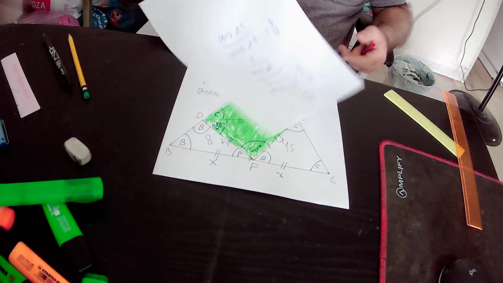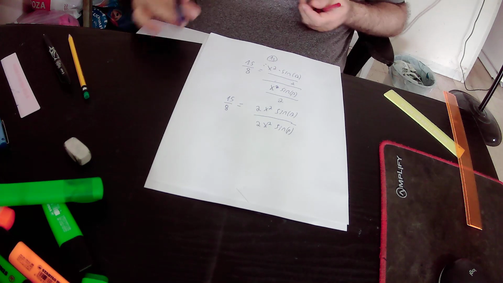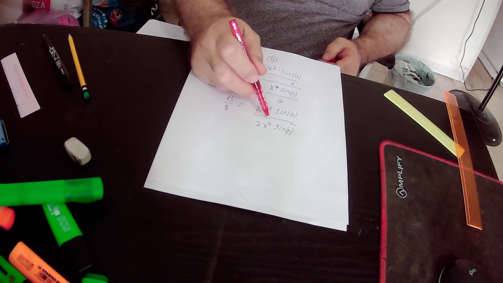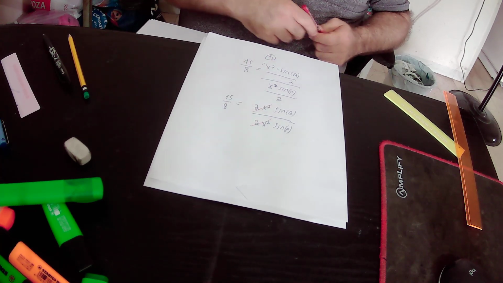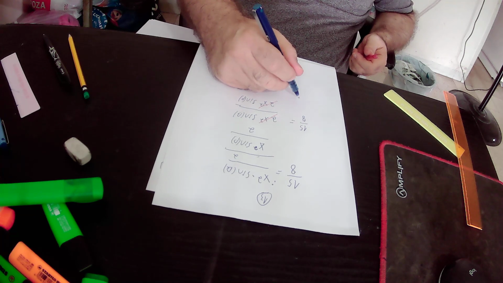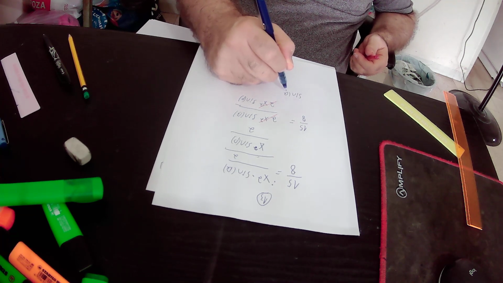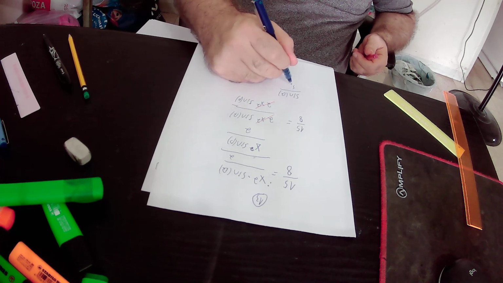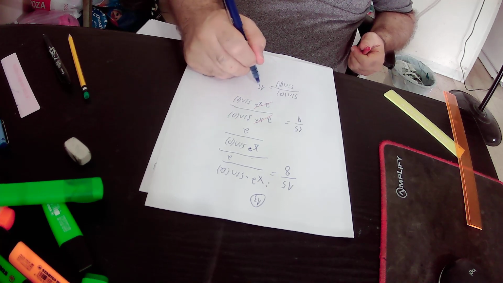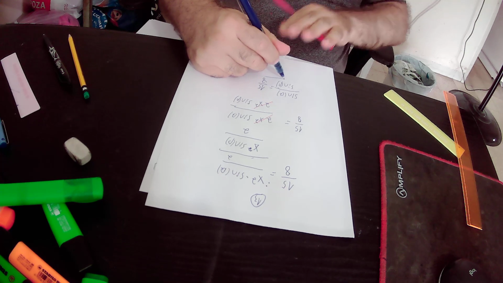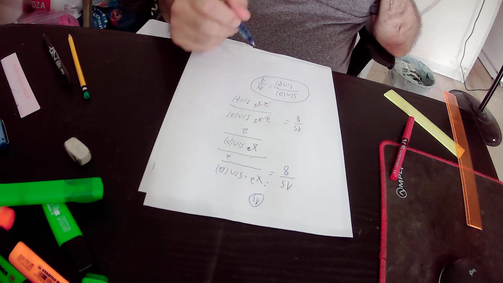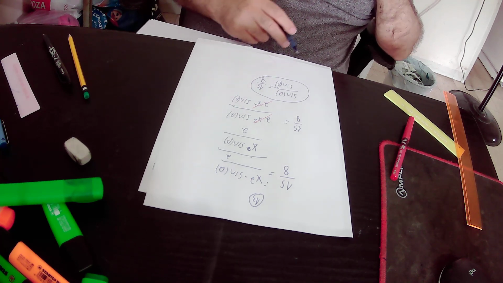Here we have 2x squared over 2x squared, which is 1, so 2x squared cancels, and what is left is that sine q over sine p equals 15 over 8. Okay, sine q over sine p equals 15 over 8.